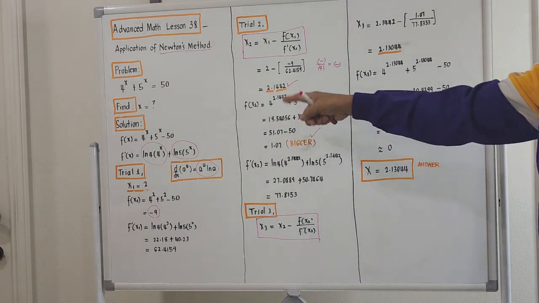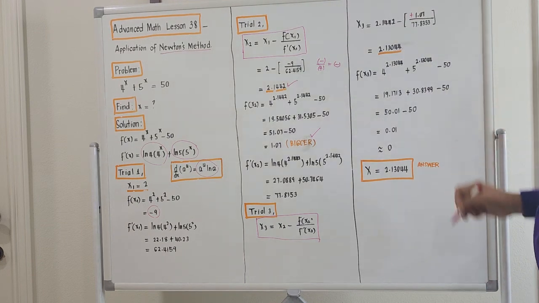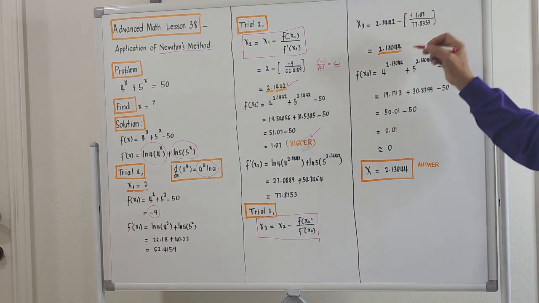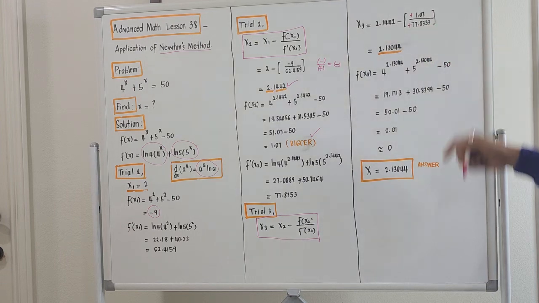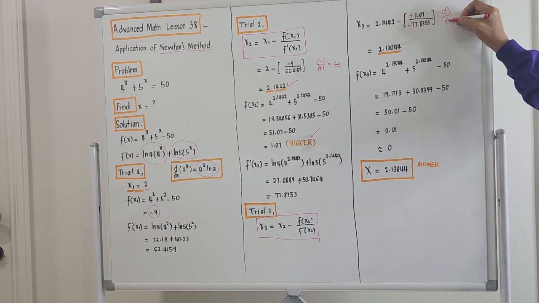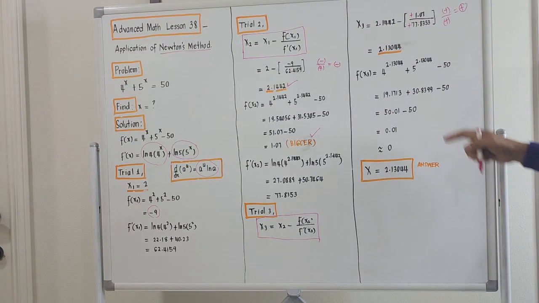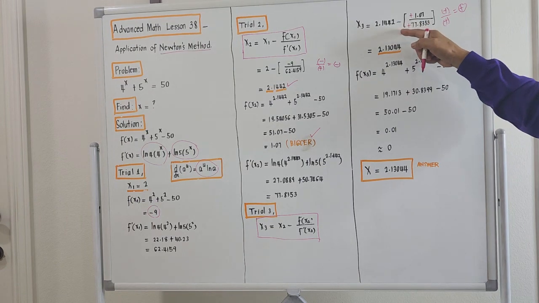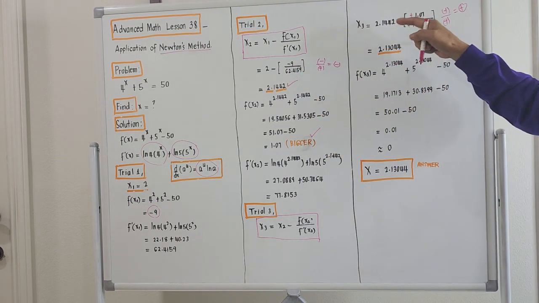The value of f(x2) is actually positive 1.07. Okay, f prime of x2 is positive 77.8353. A plus over a plus will be a plus, right? This overall side will be a plus, but this is preceded by a negative sign. So meaning to say this ratio here should be subtracted from this.